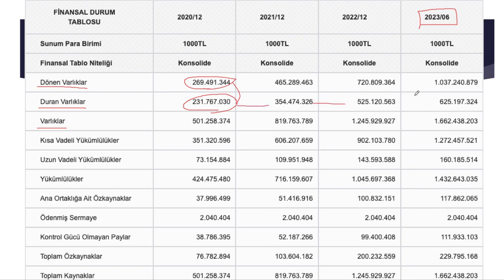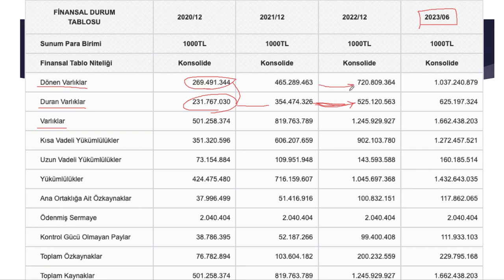That's mainly because of the high inflation during this period. Especially from 2021, we have a significant inflationary effect in all these numbers.